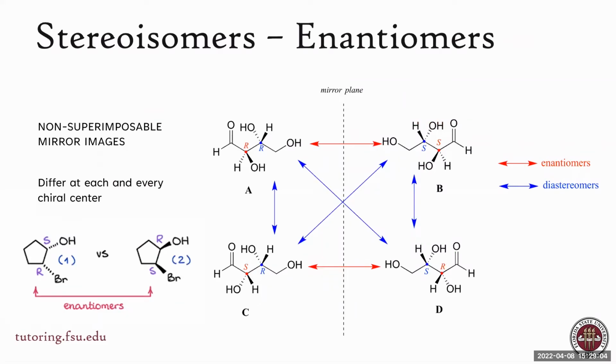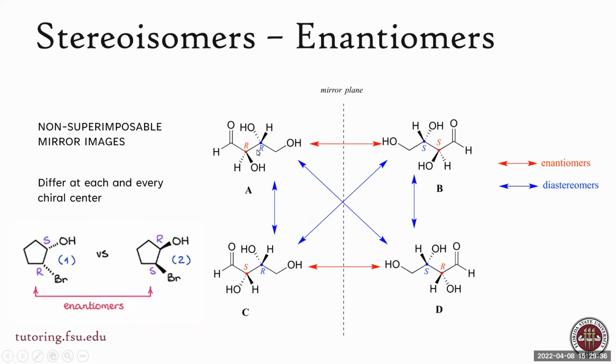Enantiomers are non-superimposable mirror images. You can see that both of these chirality centers have to be switched in order for them to be enantiomers. Remember, with the H facing away, you go from the highest ranking constituent to the second highest and third highest, so this is R. R and R both get switched to S and S: enantiomers.